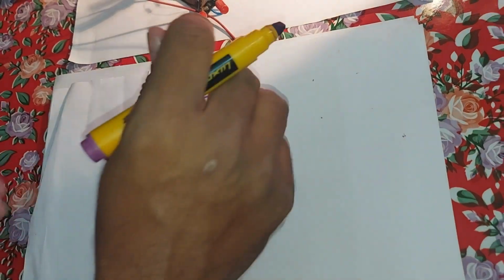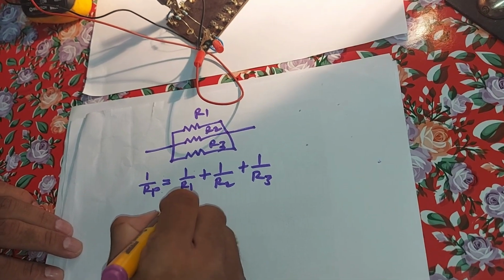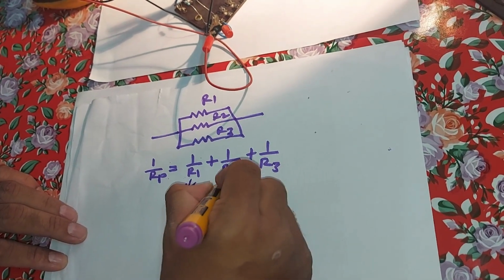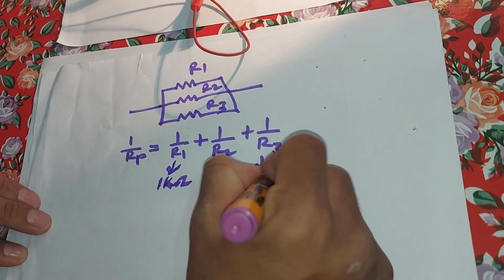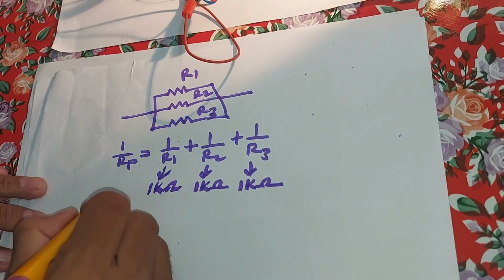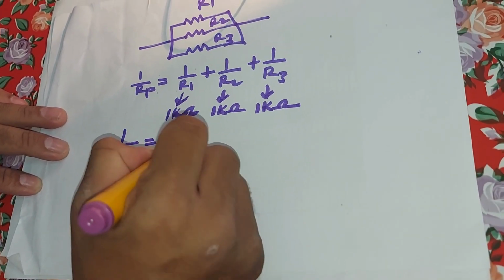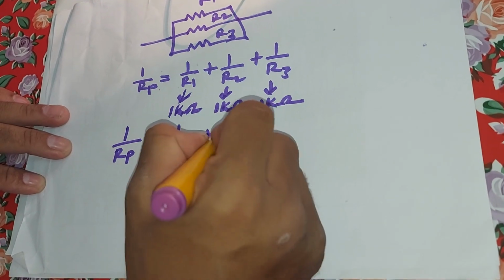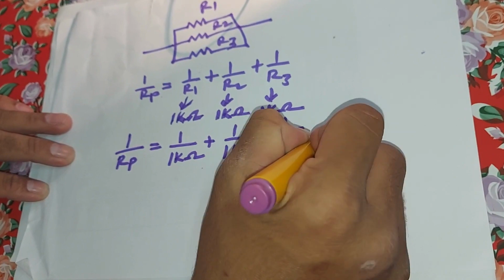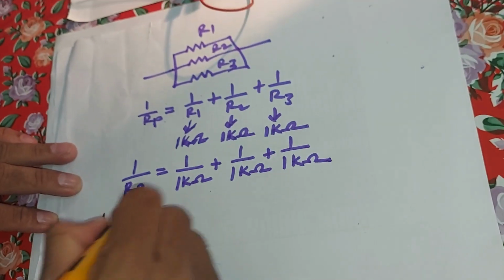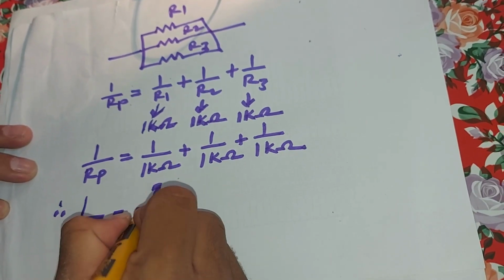Now here we have all three resistances of 1 kilo ohm. That means this is 1 kilo ohm, this is also 1 kilo ohm, and this is also 1 kilo ohm. Then if I put these values here, what we get is 1 upon Rp is equal to 1 upon 1 kilo ohm plus 1 upon 1 kilo ohm plus 1 upon 1 kilo ohm. So therefore 1 upon Rp is equal to 3 divided by 1 kilo ohm.